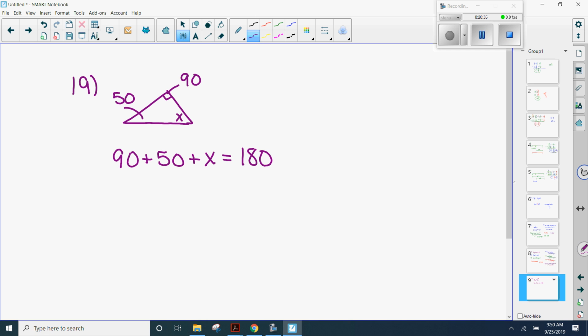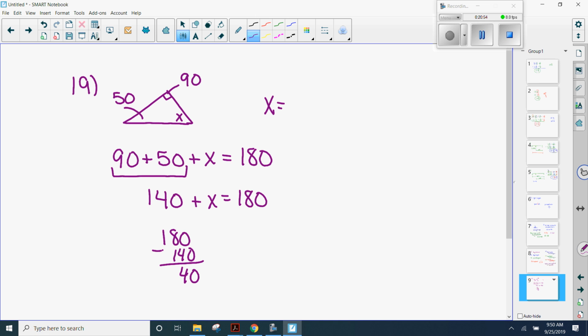So what is 90 plus 50? 140. So 140 plus what is equal to 180? 40. You subtract the sum from 180, and you find out that X is equal to 40 degrees. The sum of the angles of a triangle equals 180 degrees.